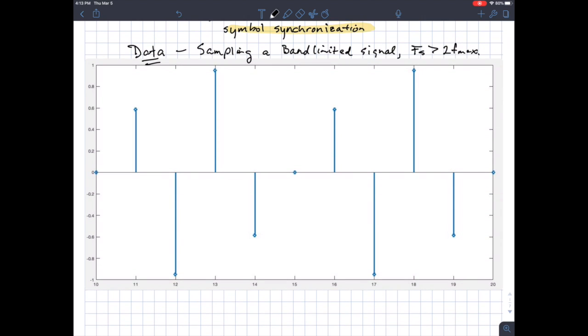If you'll notice, just to get yourself visually aligned here, down on this axis I have the sample value n. So sample number 10 is a 0, sample number 11 is this sample, 12 is here, and so forth.